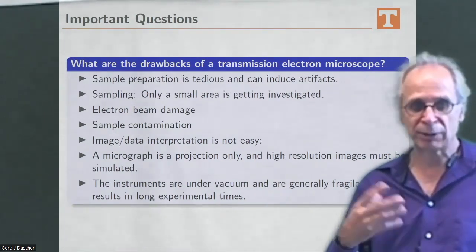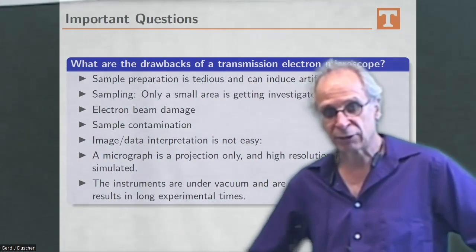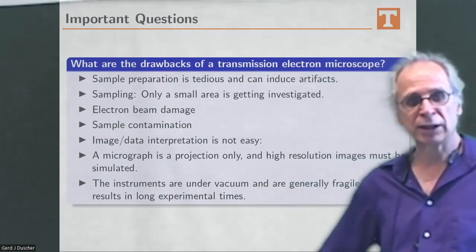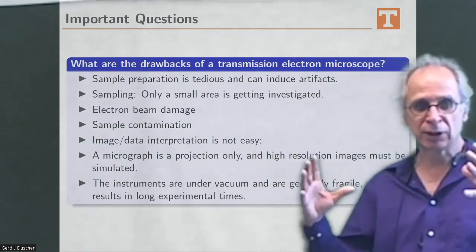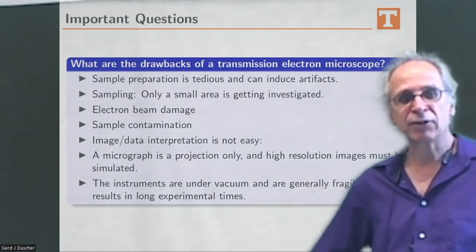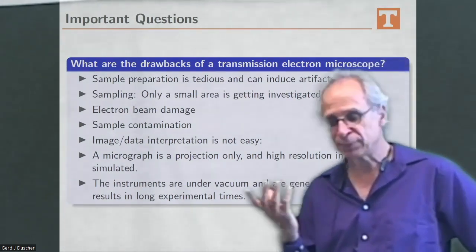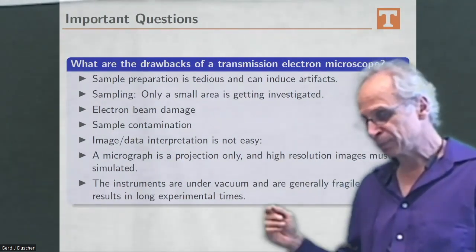You have to do some image simulation to be sure that you can trust your data, but it is not only a disadvantage, because if different techniques converge, then your confidence level in your results goes up immediately. So that's actually, I think, almost an advantage.